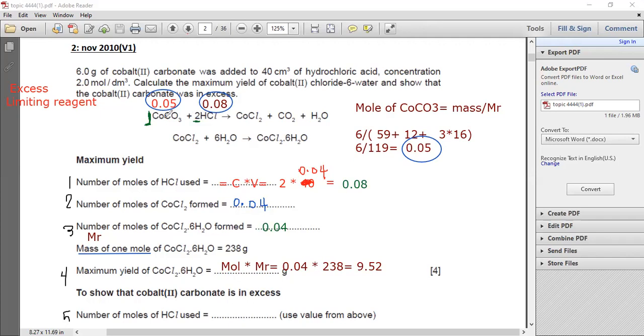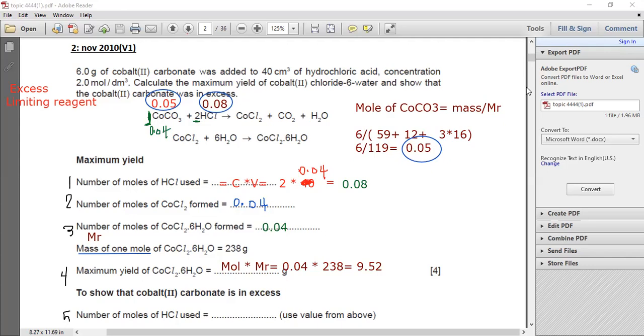So cobalt carbonate is supposed to be half of HCl, because here is a 1 and here is a 2. HCl is 0.08, so cobalt carbonate is supposed to be 0.04. Half. Check.